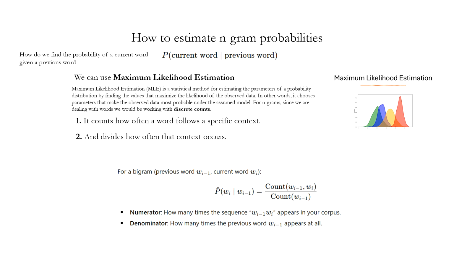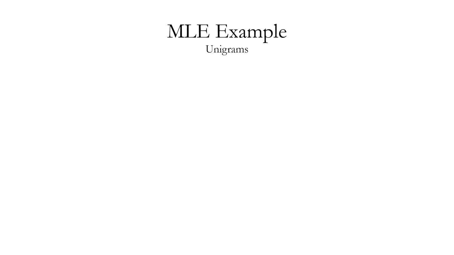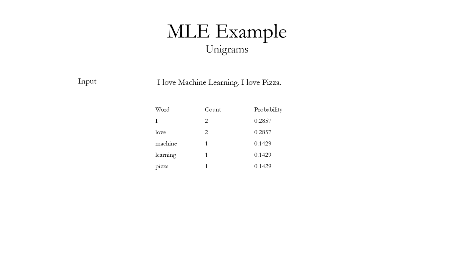So the numerator is how many times the sequence w_{i-1} w_i appears in your corpus, and the denominator is how many times the word w_{i-1} appears at all. So here's an input: I love machine learning, I love pizza, and these are unigrams. We basically do a count, and it's pretty simple. The probabilities are basically divided by the totals of the counts.